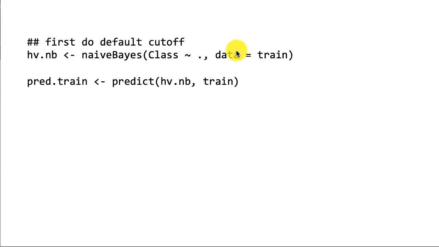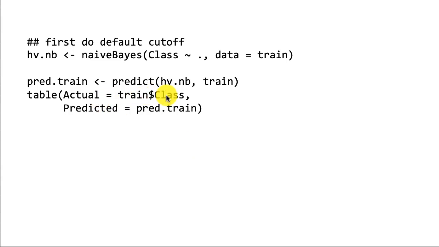I'm not looking at the actual model. Now let's generate the predictions on the training partition. Predict hv.nb comma train, so pred.train contains the predictions, and we can now generate the error matrix. Actual equals train dollar class, predicted equals pred.train. The actual is contained in the data frame.